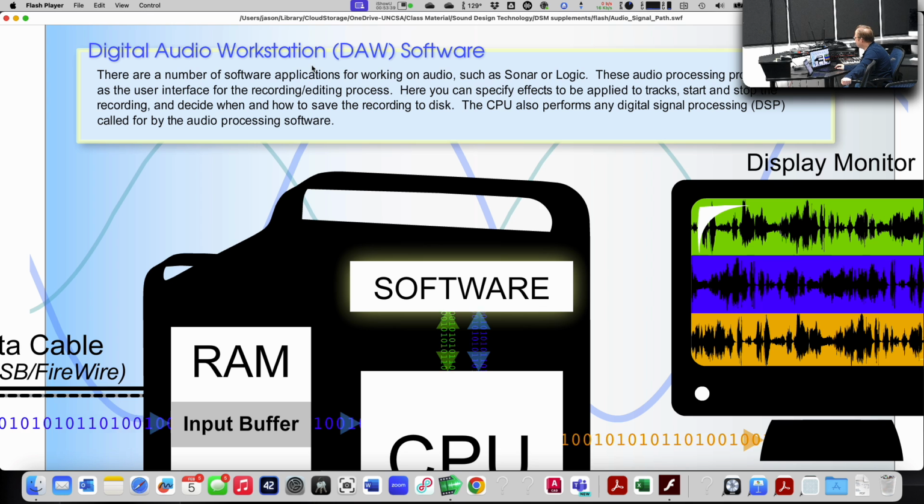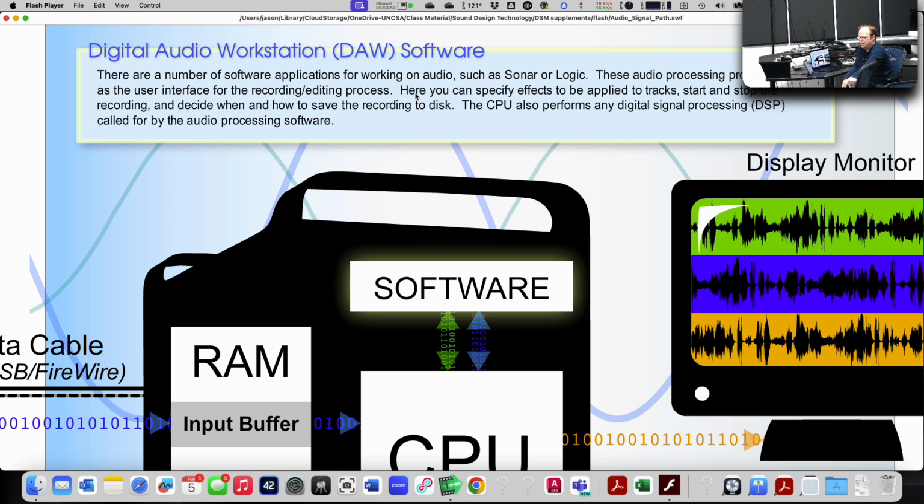All right. So the digital audio workstation software, this is like Logic or Pro Tools or Sonar or FL Studio or Ableton or any of these things that you use. It has instructions on how to do things to digital audio.